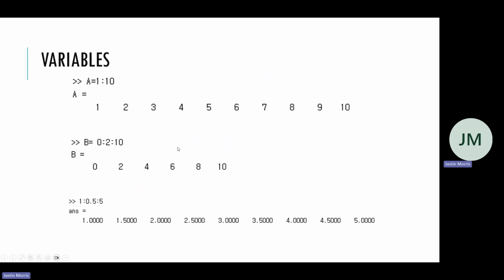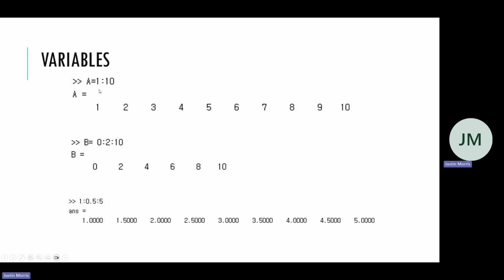And here are some quick ways to make some different matrices. So if you want 1 through 10, you can just say A is 1 colon 10, and it creates the step size of 1: 1, 2, 3, 4, 5, 6, 7, 8, 9, 10. So this is a lot faster than typing out A is 1, 2, 3, 4, 5, 6.